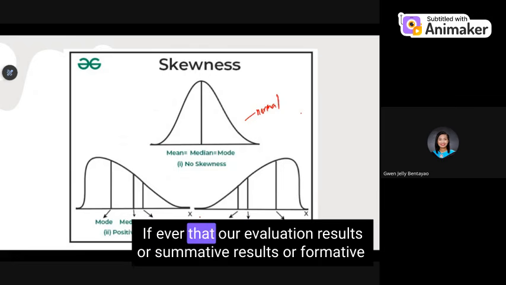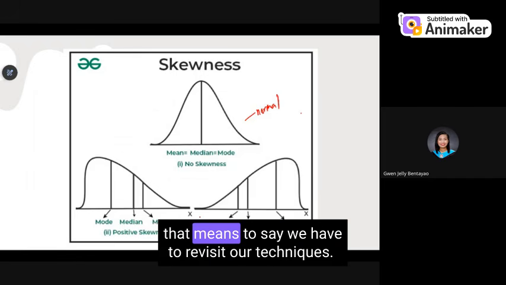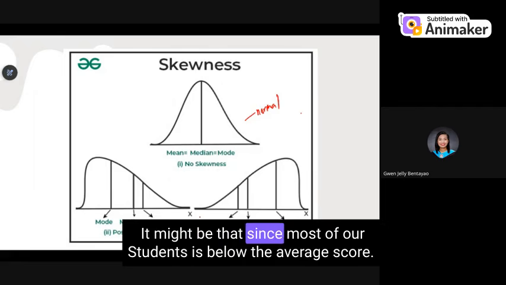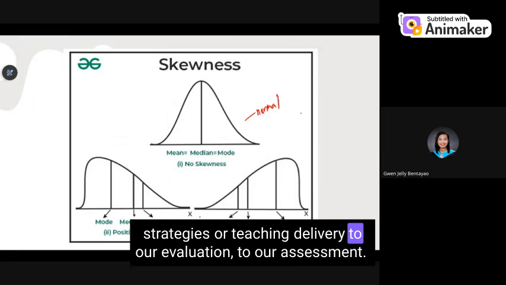If our evaluation results, summative results, or formative assessment results fall under a positively skewed distribution, that means we have to revisit our techniques. Since most of our students are below the average score, it might be that there is a misalignment of our teaching strategies or teaching delivery to our assessment tools.